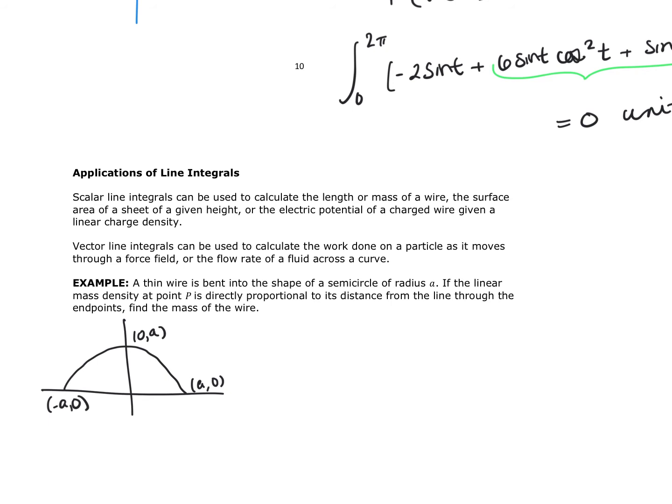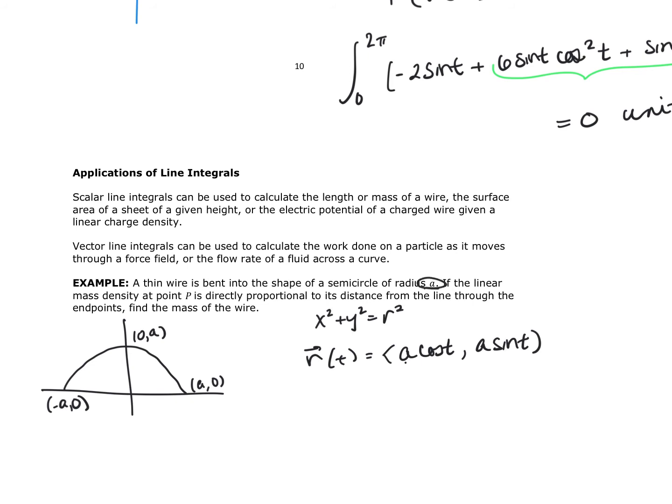The curve is, of course, something of the form x squared plus y squared equals r squared. So our r vector in terms of t makes sense to be a cosine of t, a sine of t, because we have a radius of a.